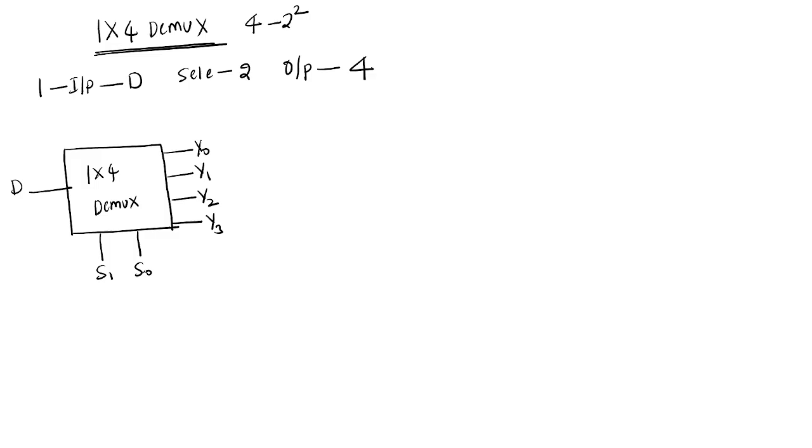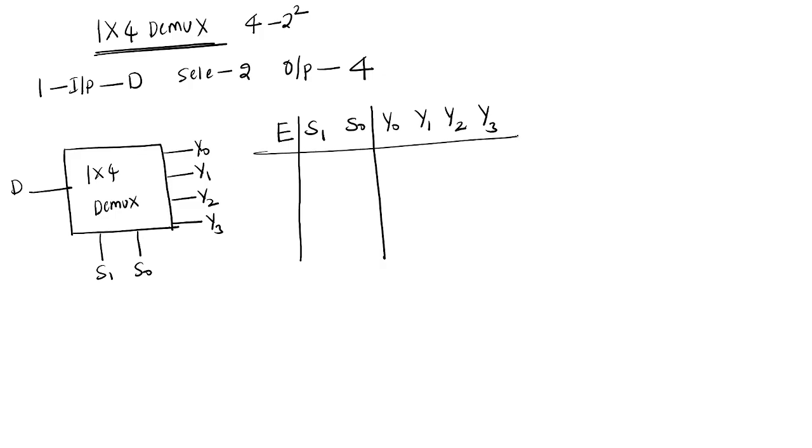Coming to the truth table: enable pin, then S1 and S0, and Y0, Y1, Y2, Y3. When the enable pin is 0, whatever S1 and S0 are, the output will be 0 only. When the enable pin is 1, the demux is activated. When S1 S0 is 0 0, this input is connected to which output?